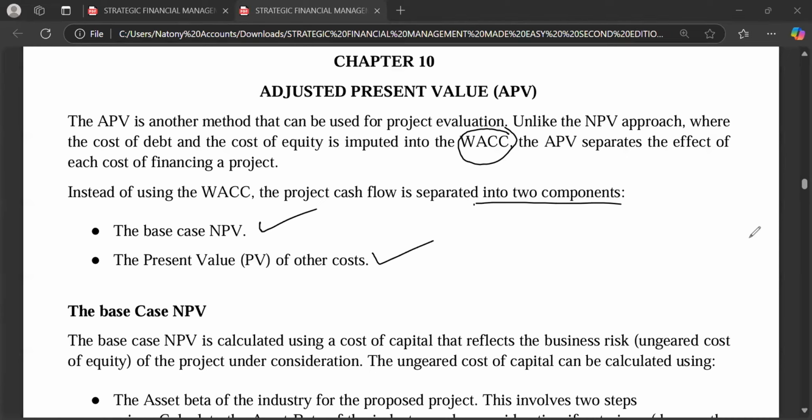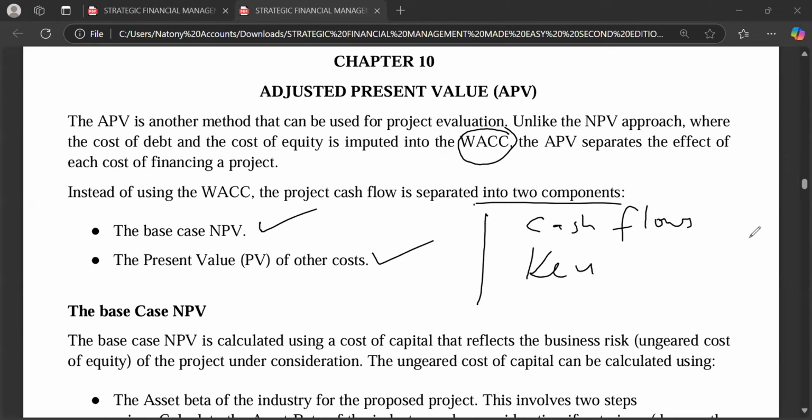So what is the base case NPV? The base case NPV is just simple. The cash flows of the projects are discounted using cost of equity ungeared.